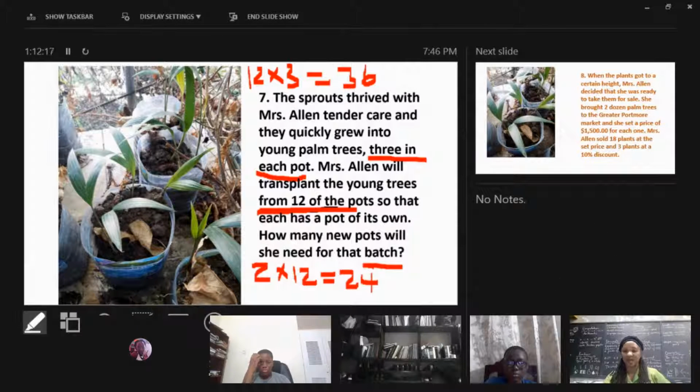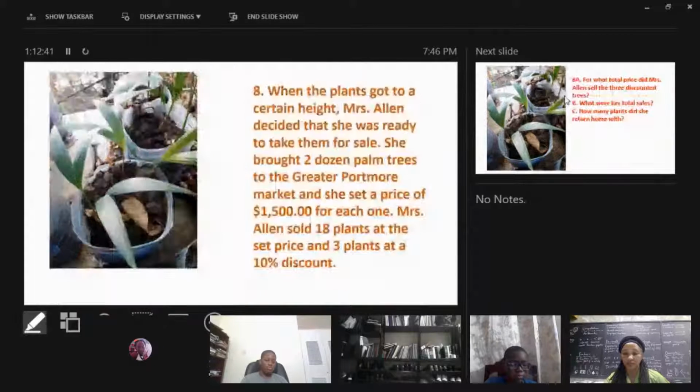So that's Naya. Naya also says she multiplied 12 by 3 to get 36, and then minus the 12 because 12 of them are staying in the original pots. So that's what we must remember. All right, so Amari, please read question 8.